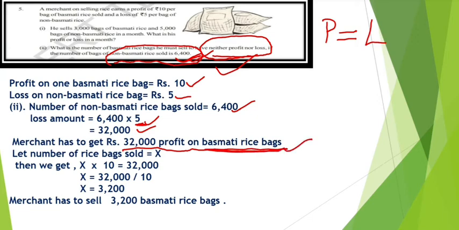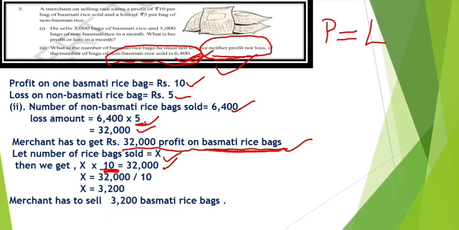We don't know how many bags he has to sell, so let the number of basmati rice bags sold be x. Then we get x into 10 rupees per bag. So x into 10 is equal to 32000, the profit amount must be 32000, then only loss and profit will be equal.